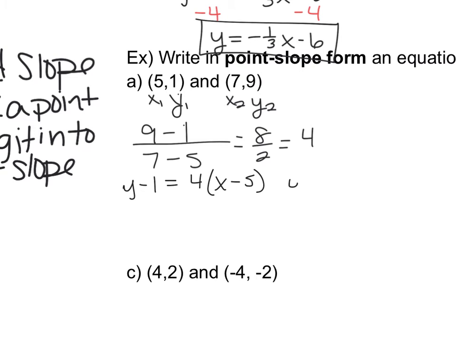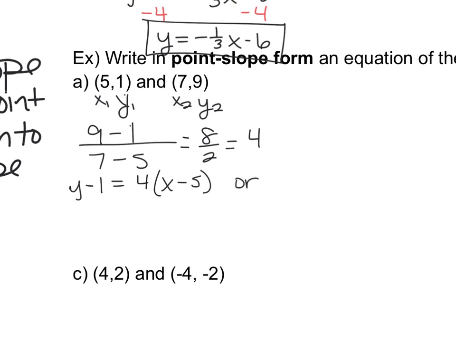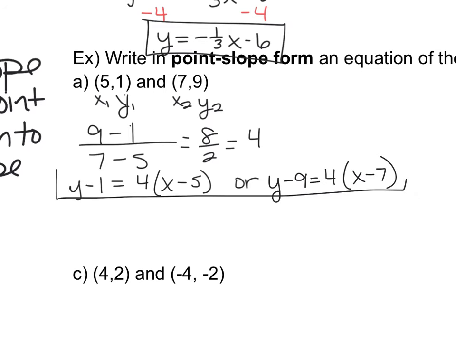You could have used your other coordinate: y minus y2, which is 9, equals your slope 4 parentheses x minus 7. Either one is just fine, whichever way you want to go.